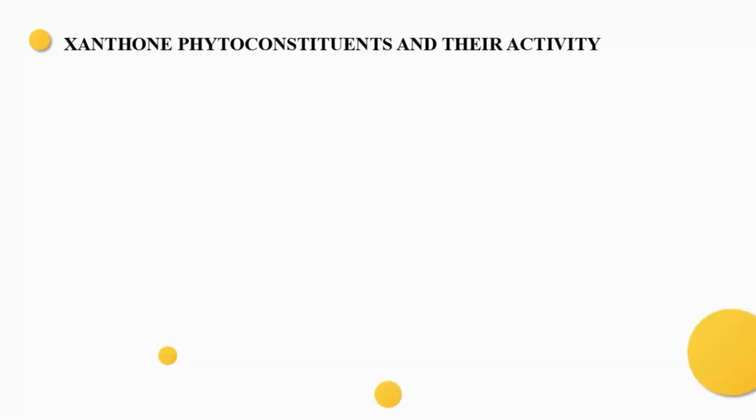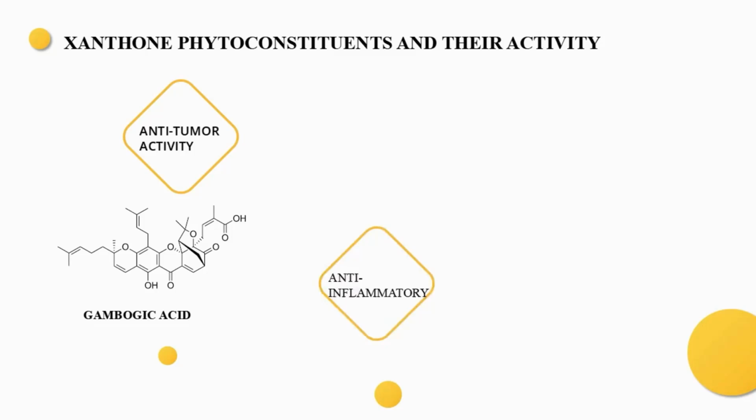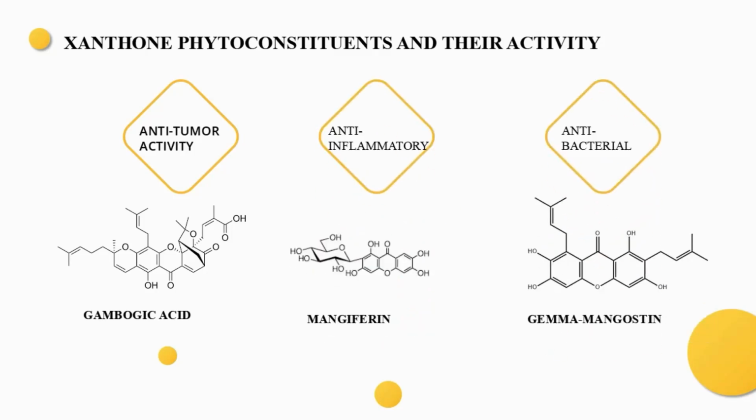These are the phytoconstituents which fall in the category of xanthone molecules. You can see over here three phytoconstituents. The first molecule is gambogic acid, which is rich with anti-tumor activity. The second molecule is mangiferin, which is rich with anti-inflammatory activity. The third molecule is mangostin, which is rich with antibacterial activity.